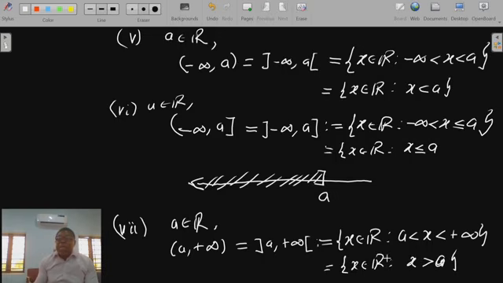And please let us note that, as I mentioned earlier, both minus infinity and plus infinity are not real numbers. They are just symbols representing where we assume that the line will end both ways.